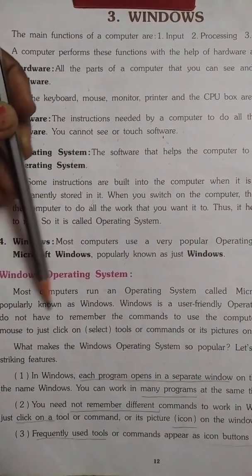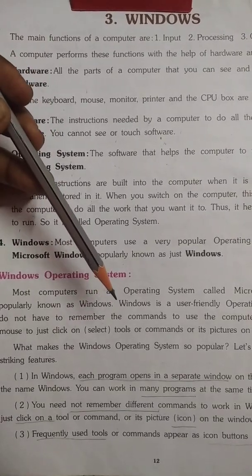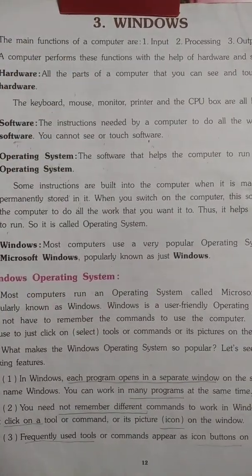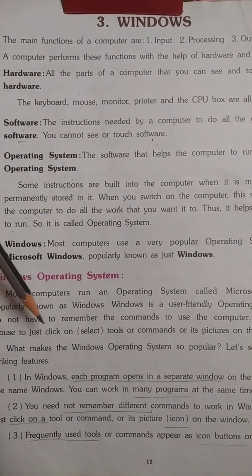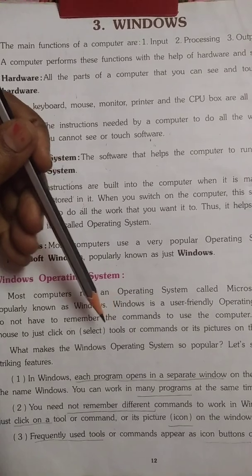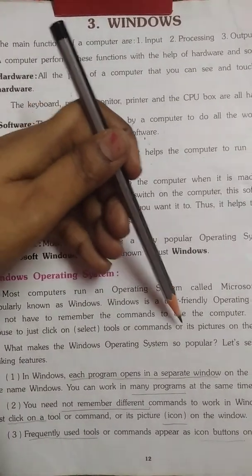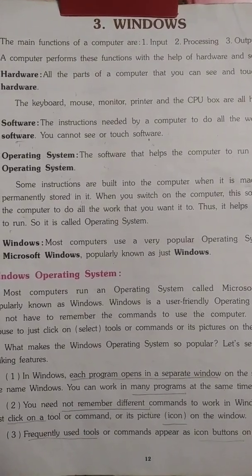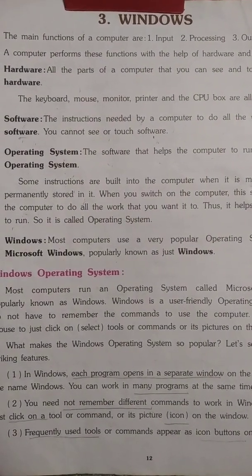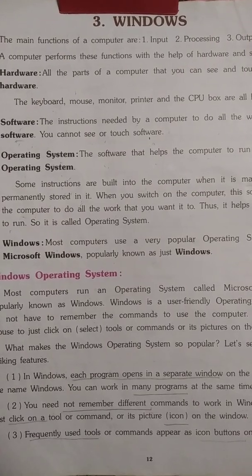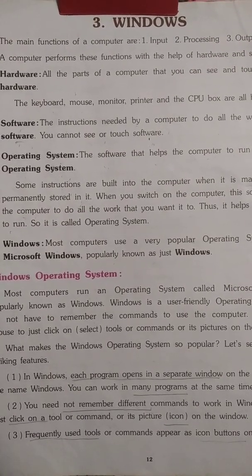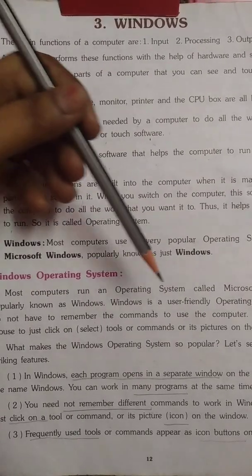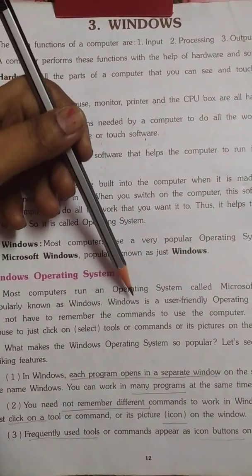You do not have to remember the command to use the computer. You just have to click on, select tools or commands or pictures on the screen. You don't have to memorize anything. You just have to click with the help of the mouse.